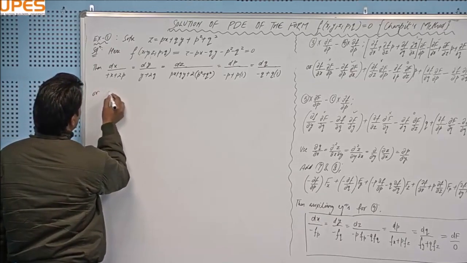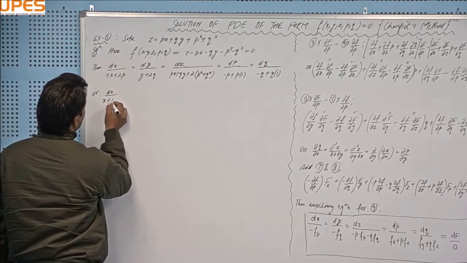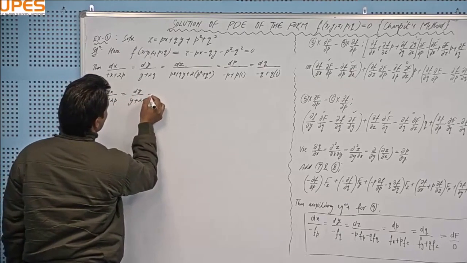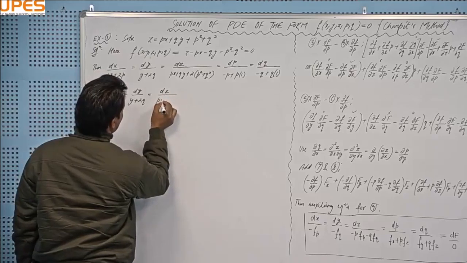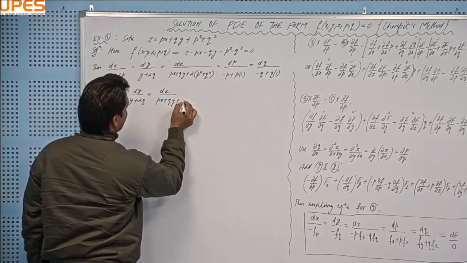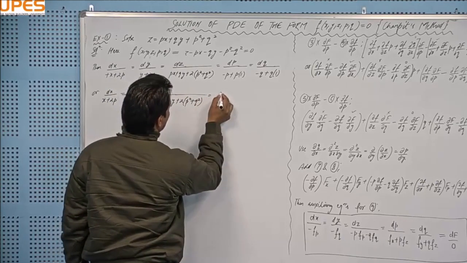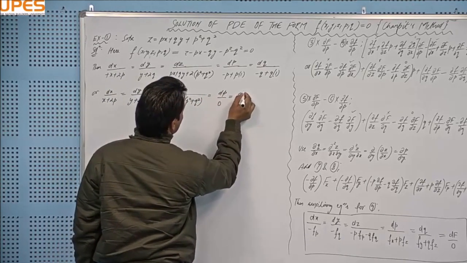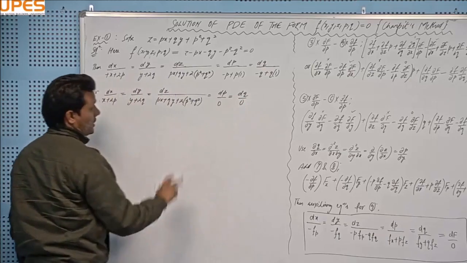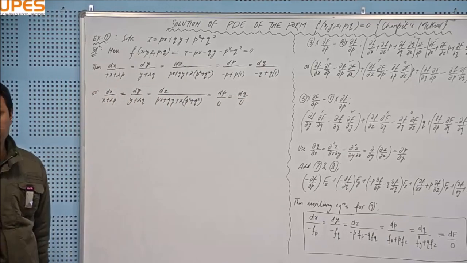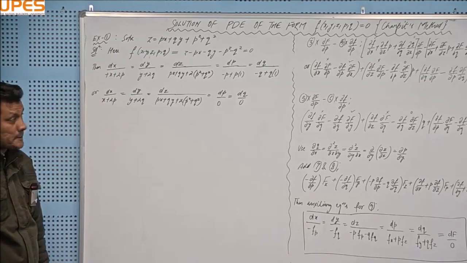So dx upon x plus 2p, dy upon y plus 2q, dz upon px plus qy plus twice of p square plus q square, and here I will have dp over 0 and dq over 0. Now I am interested in finding small p and small q, and then plugging into dz equal to p dx plus q dy, right?